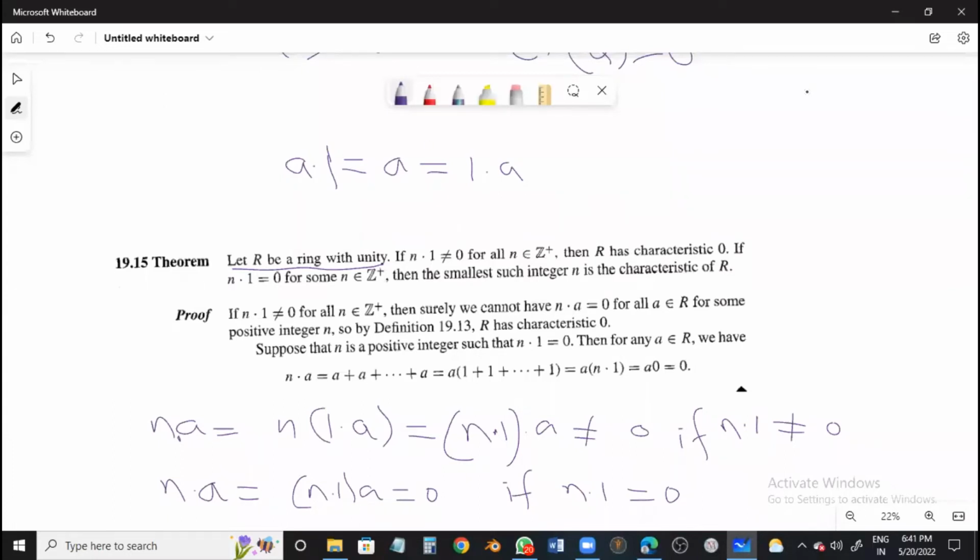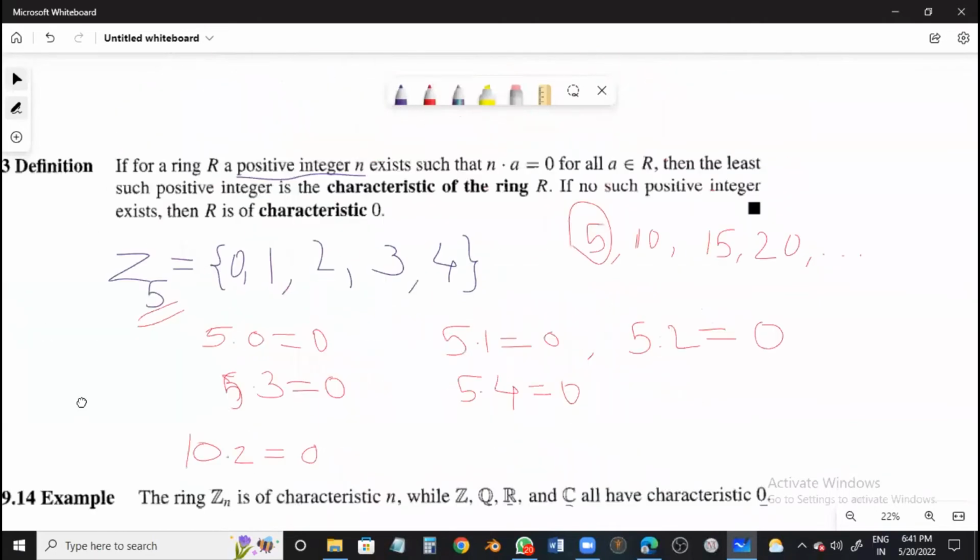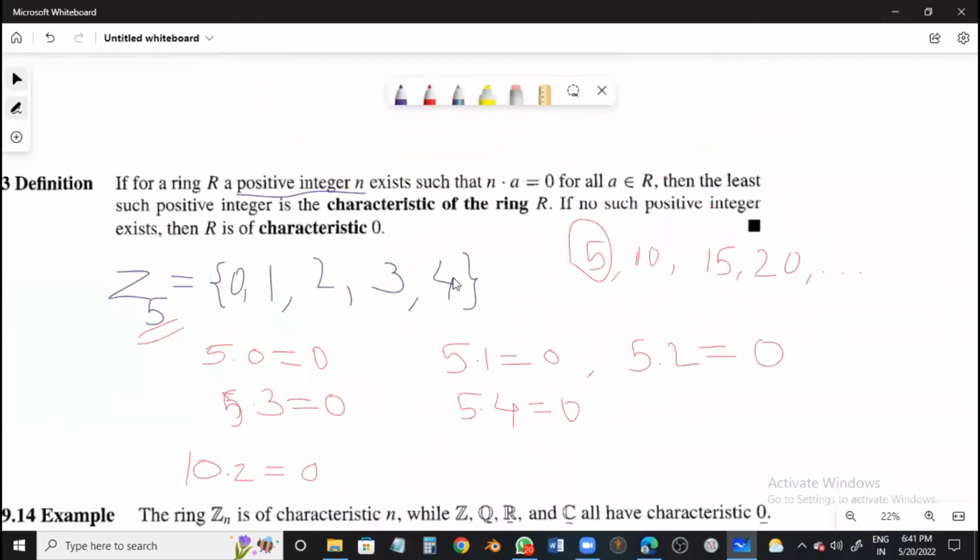Alright. Now I want to talk about the characteristic of the ring. Who decides the characteristic? Here you are watching every entry we multiplied by that particular number.